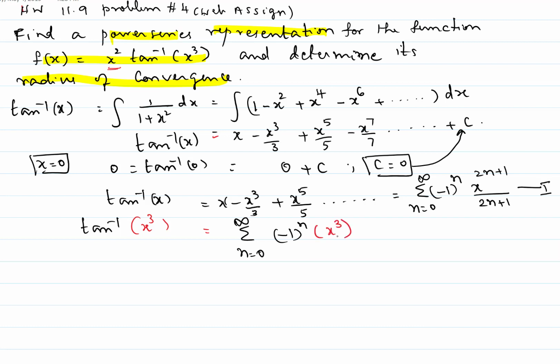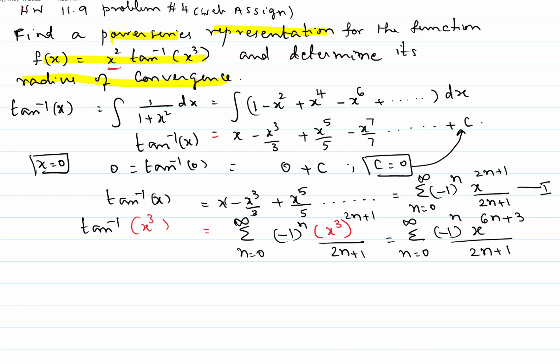It's x cube to the power 2n plus 1 over 2n plus 1. If we expand that further, we get sigma n varying from 0 through infinity, negative 1 to the power n, x to the power 3 times 2n, which is 6n, plus 3 times 1, which is 3, all divided by 2n plus 1.